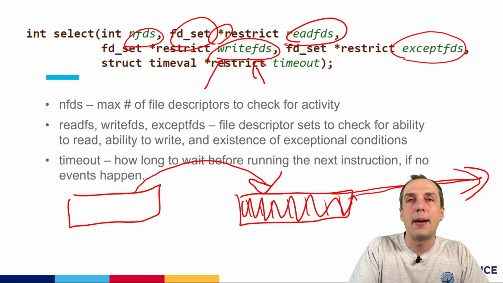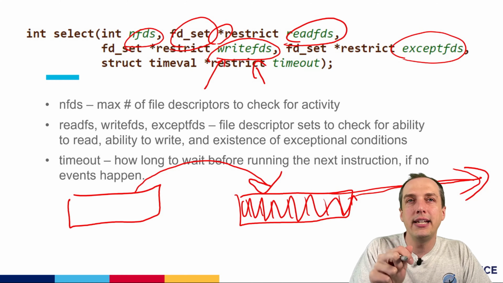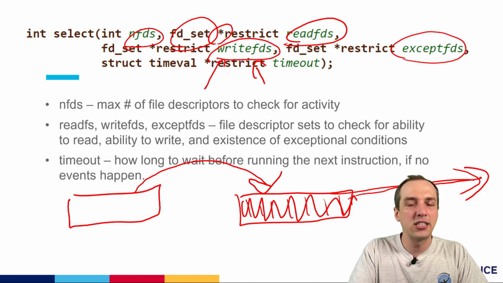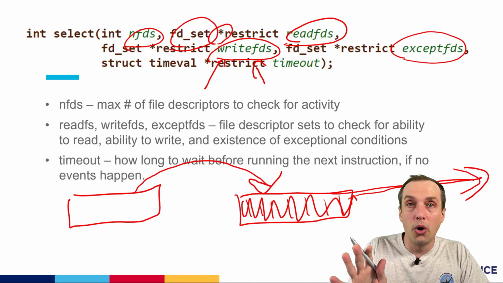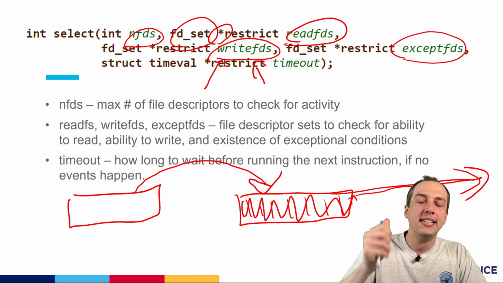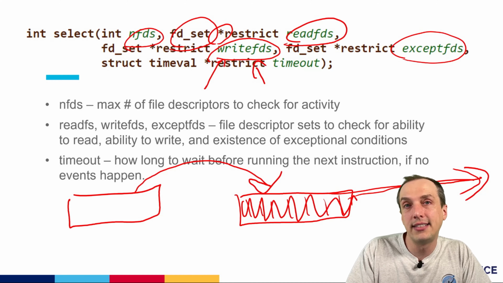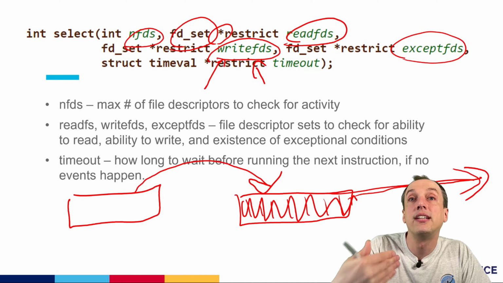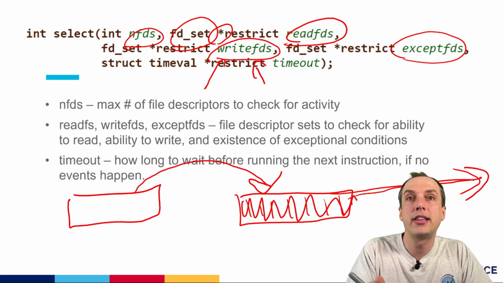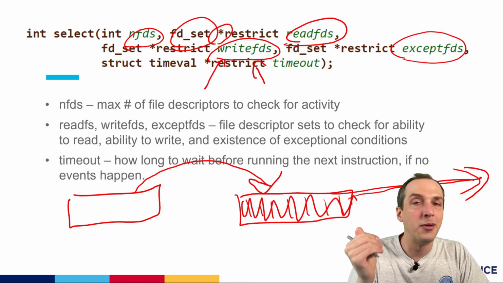What we can do is say, hey, operating system, I need you to tell me when this client talks to me, when that client talks to me, or when there's space in this buffer so that I can give you more bytes to send to the other side. So that's the type of situation when we would add something to that write FD set, because we're filling up a buffer and it's possible that we're going to block rather than just submit those bytes to the operating system and have them send immediately.